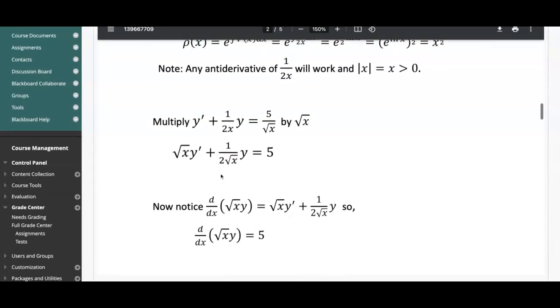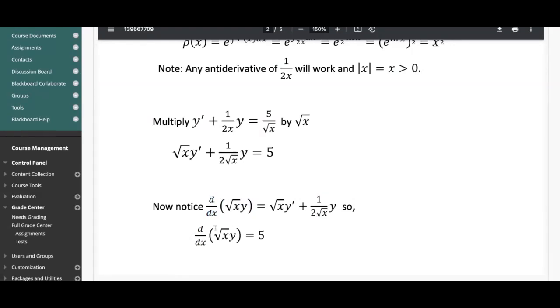And we can observe, just staring at it, if we differentiate this, what is that? We get this by the product rule. So the miracle is that once we multiply by the integrating factor, we just get d of this dx, so these two are just this. That's the miracle part.